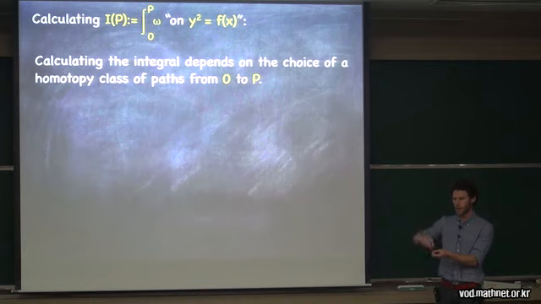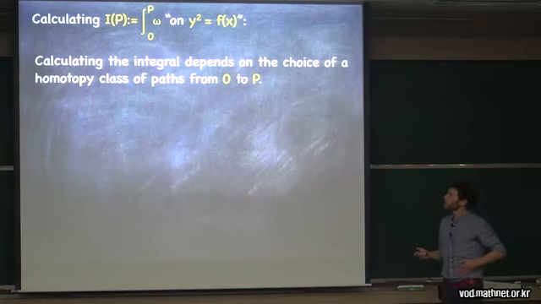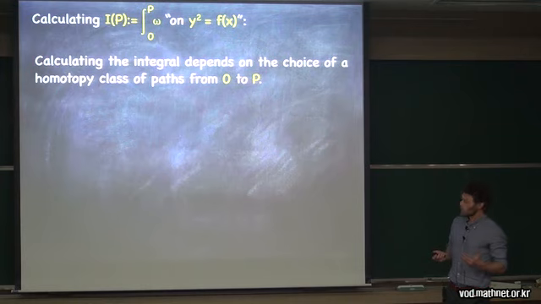Then we want to evaluate an integral walking along some path to p. And it turns out that this integral depends on the path that we choose, but only up to homotopy. So our integral depends on a so-called homotopy class of a path.